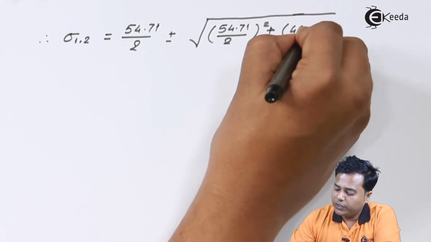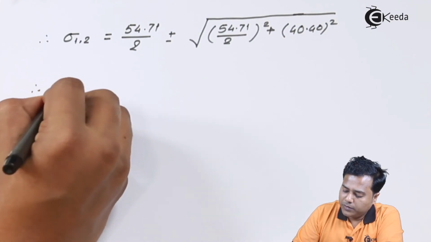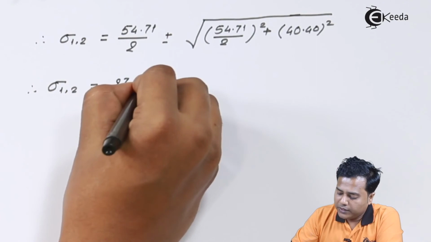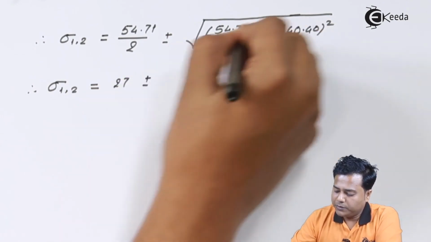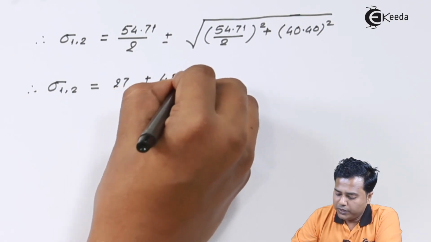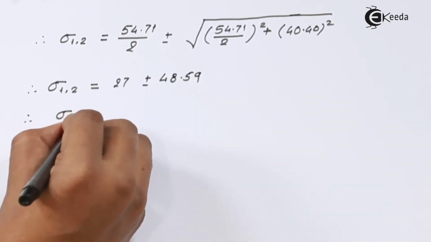Tau we have is 40.40, squared, and therefore sigma 1, 2 comes out to be 27 plus minus. If we substitute this value, we'll get the answer somewhere equal to 48.59. And therefore, principal stress 1.